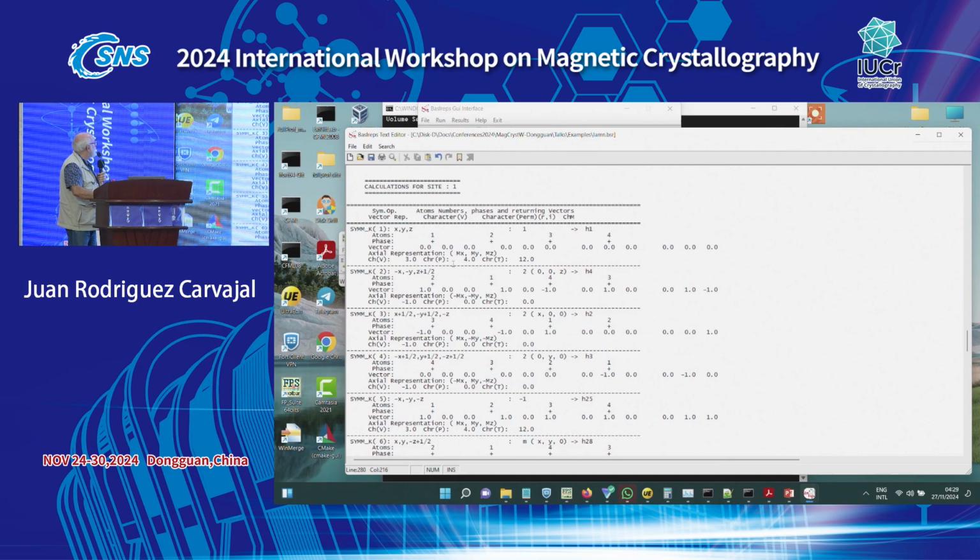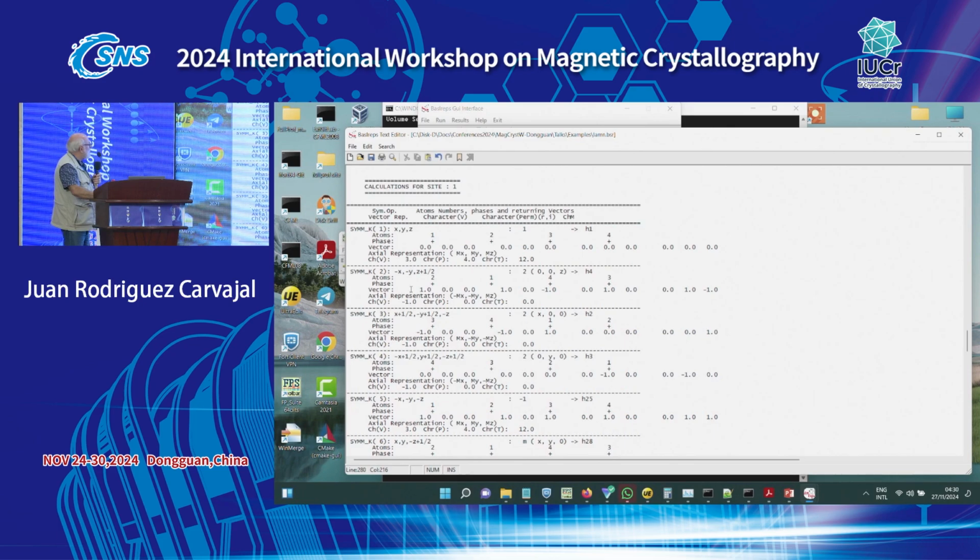This one, for example, the symmetry operator, which is a binary axis along the z-axis, changes atom 1 into atom 2, atom 2 into atom 1, atom 3 into atom 4, etc. And you can write that in the form of a matrix, which is a big matrix, that corresponds to the permutation representation.